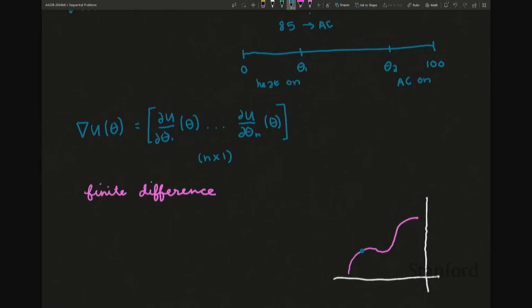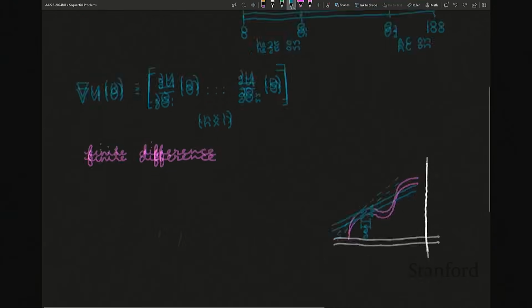So we're going to take another point some small distance away that we call delta, and we're going to compute the slope between those two. So the dotted line is the thing that we're estimating. The non-dotted line is the thing that we're computing. And we're using that to get a basic approximation just around that one point of interest.